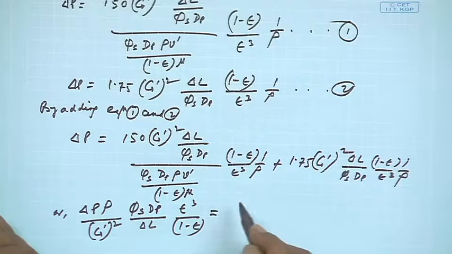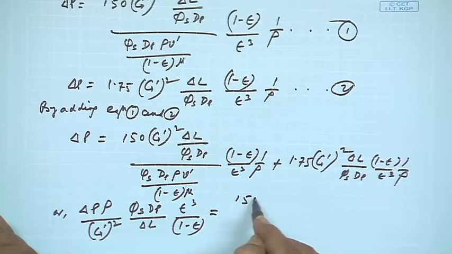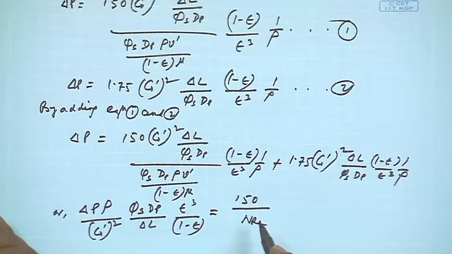This is equal to 150 divided by NRE, right, plus 1.75.